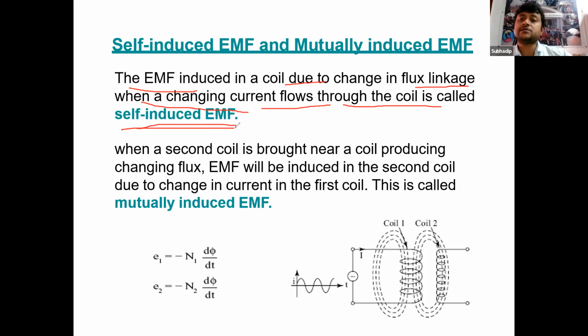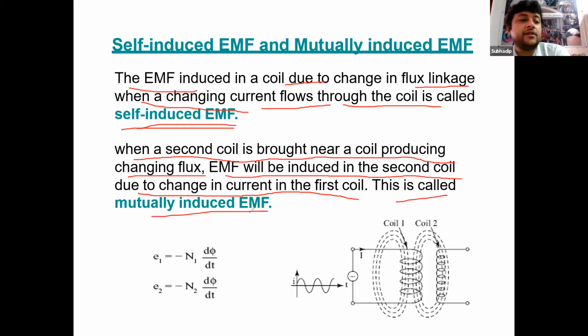Now, when a second coil is brought near a coil producing the changing flux, EMF will be induced in the second coil due to change in the current in the first coil. This is called mutually induced EMF.